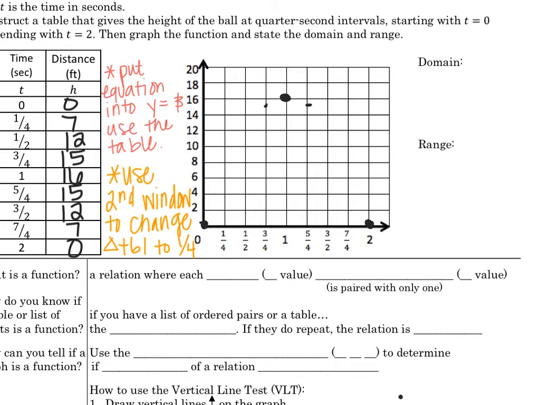Then we have 12 at 1/2, which means at 3/2 we have 12. And at 1/4 we have 7, which means at this one we also have 7. And we'll just go ahead and connect those dots as best as we can.